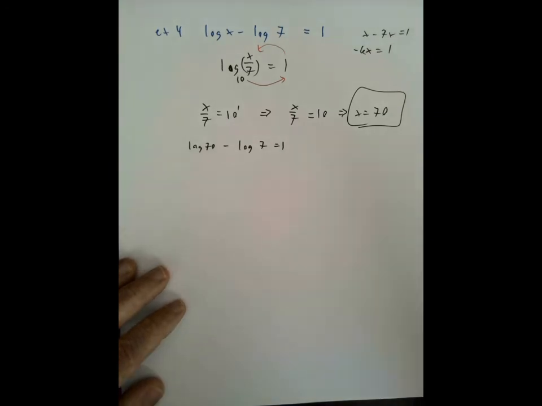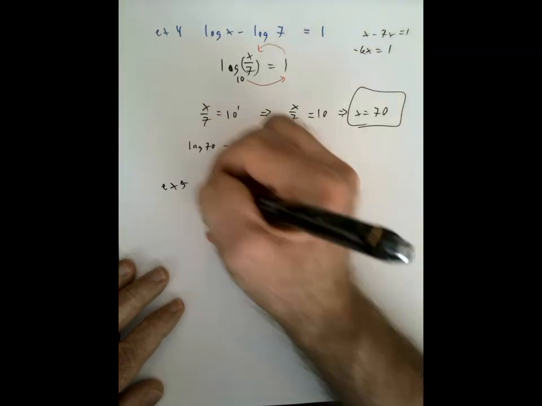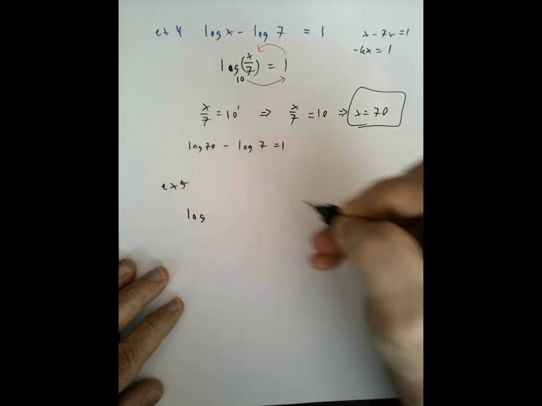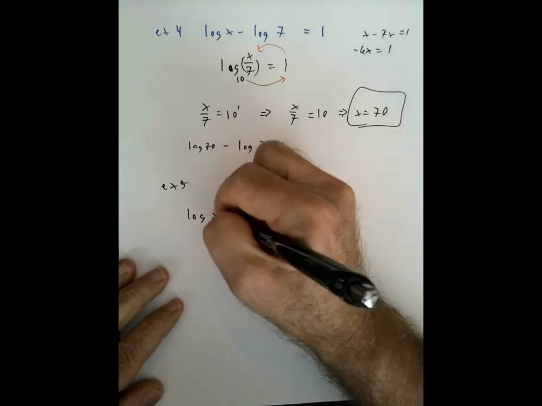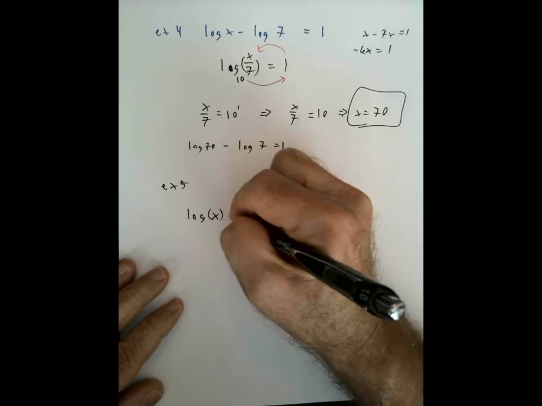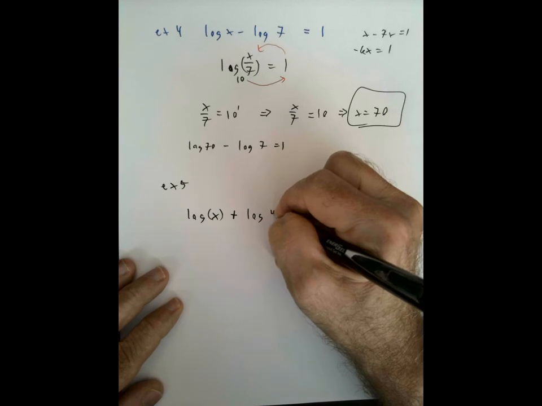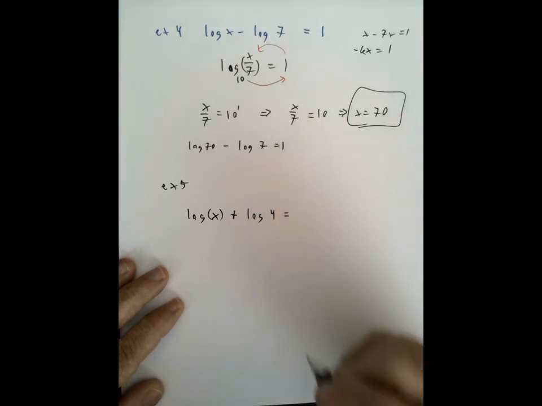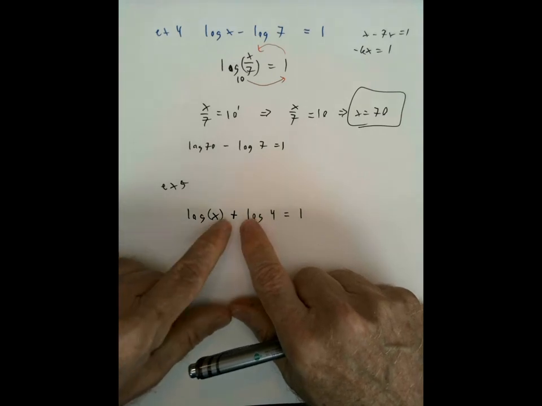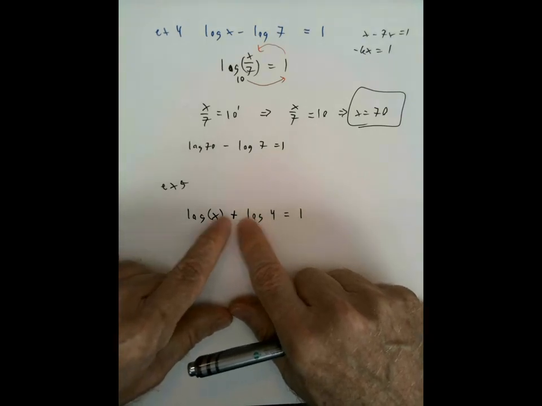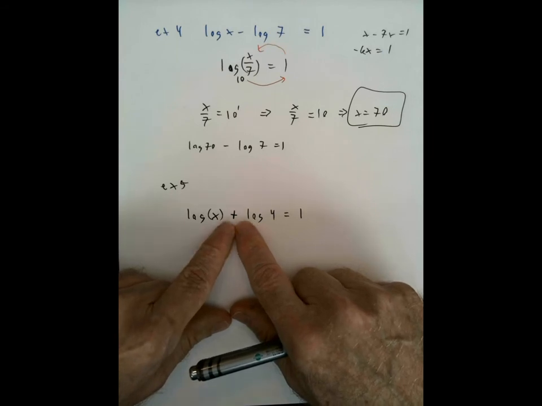Or we could have, say, something like, here's example 5, log of x plus log of 4 is equal to 1, right? So now we see, oh look, addition on the outside, we've got to combine like terms of the logarithms here. We don't just add these.